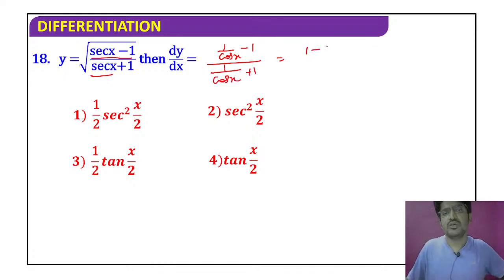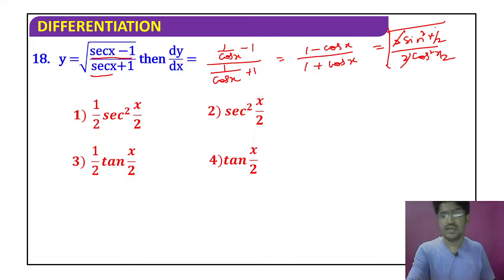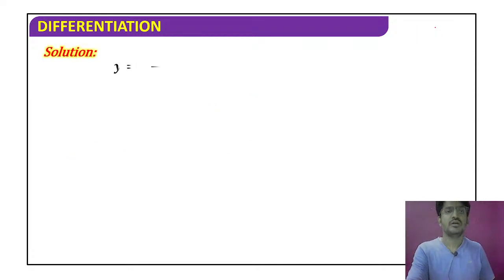This will be equal to 1 minus cos x divided by 1 plus cos x. Okay, so 1 minus cos x is 2 sin square x by 2, and 1 plus cos x is 2 cos square x by 2. The 2 will cancel. You have the root. You just simplify the root and get the answer. Clear?